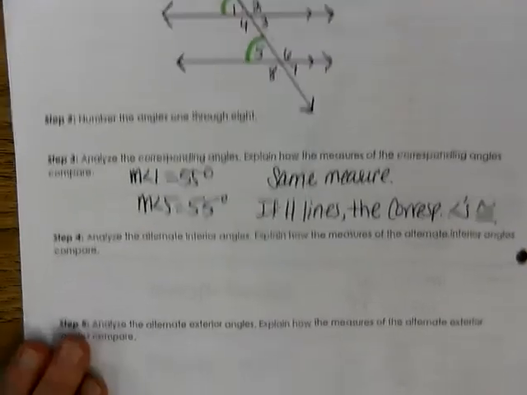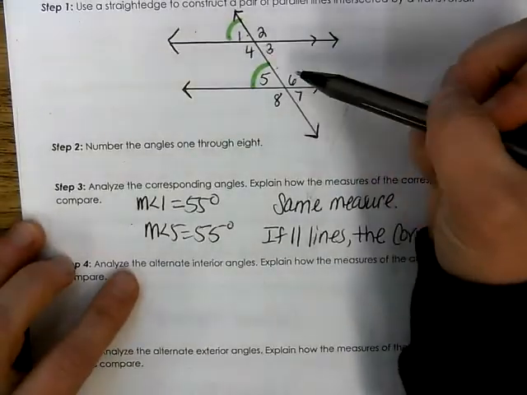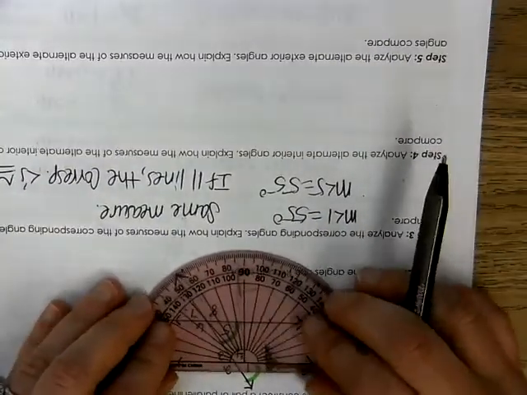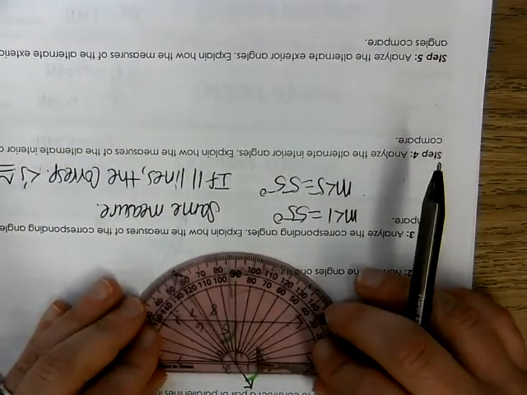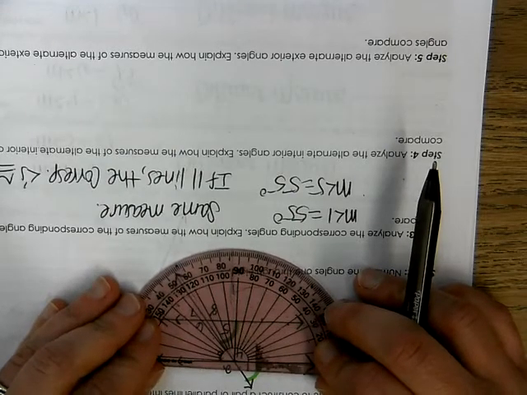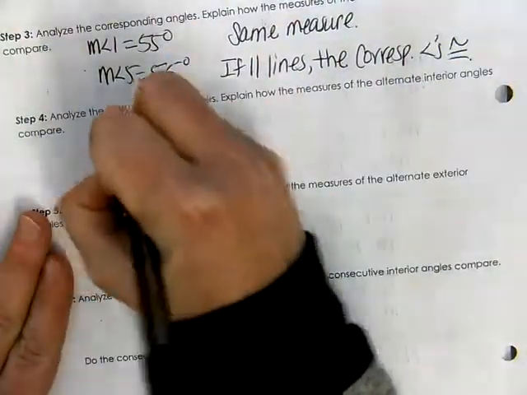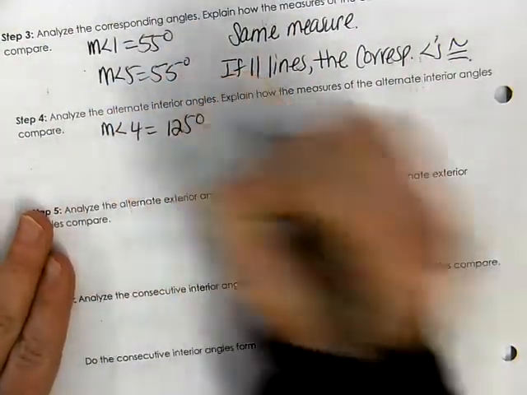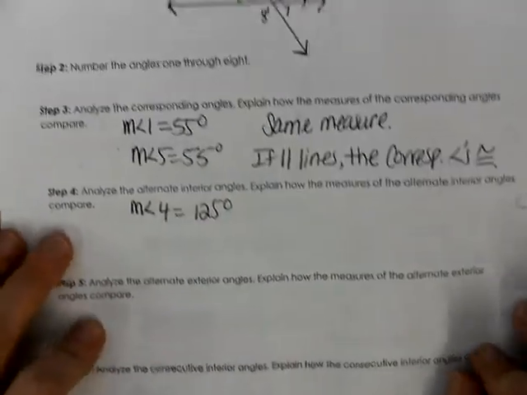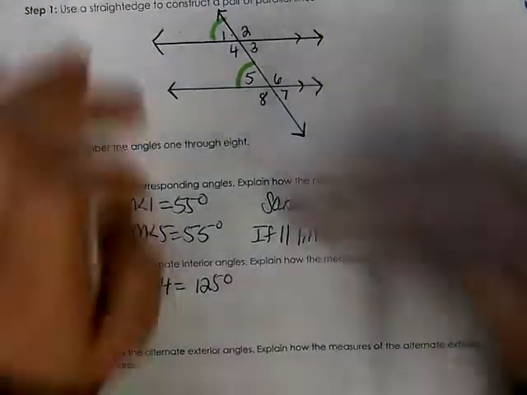Next, I'm going to analyze alternate interior angles. I'm going to look at angle 4 and angle 6 just like I did last time. Angle 4 appears to be about 125 degrees. Now I'm going to look at the measure of angle 6, because these two angles are alternate interior angles.